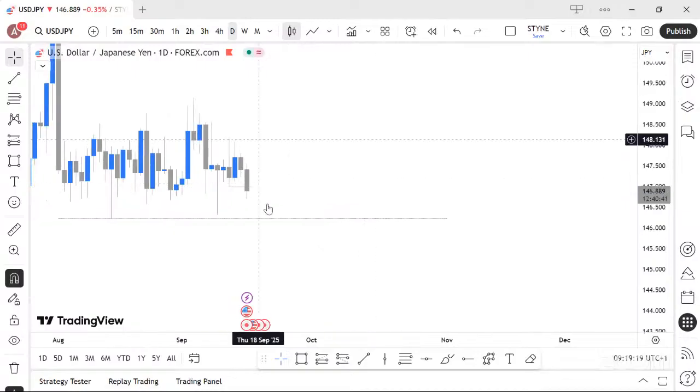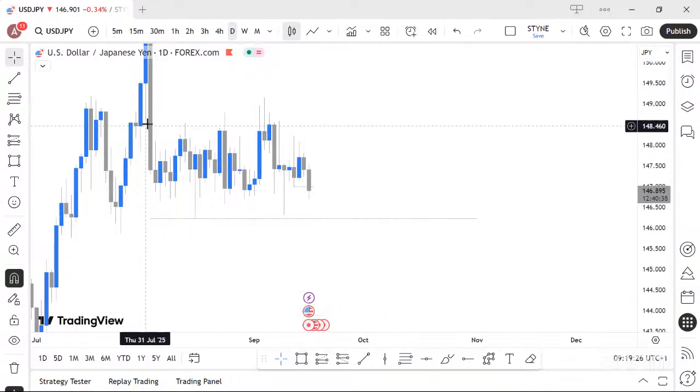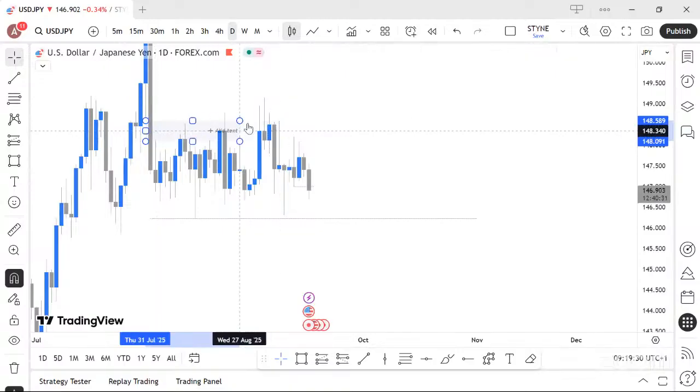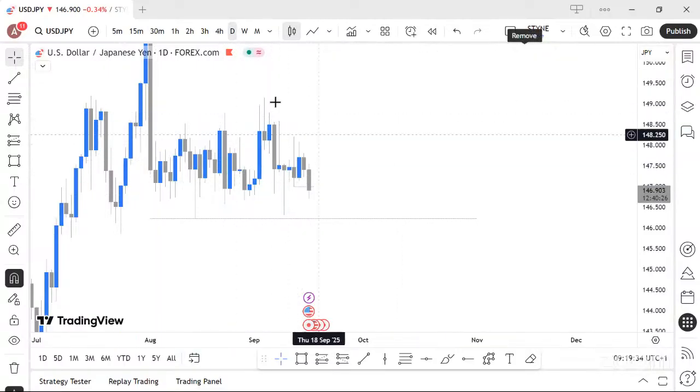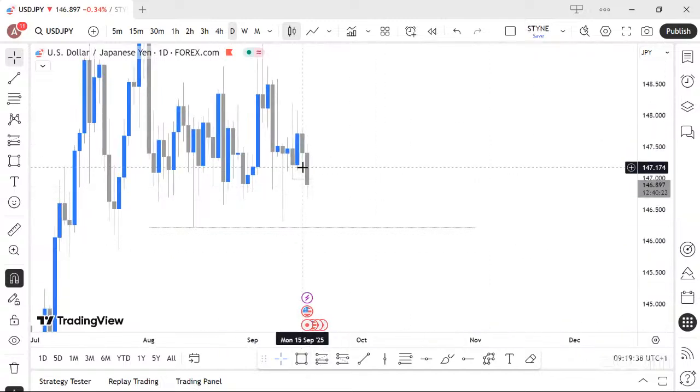If it does, you can see there is no other inefficiency in the market. All the fair value gaps, like the one we had from here to here, price has filled all of them up. Within this range now, there's no fair value gap. So the next introduction of fair value gap is currently where price is now.